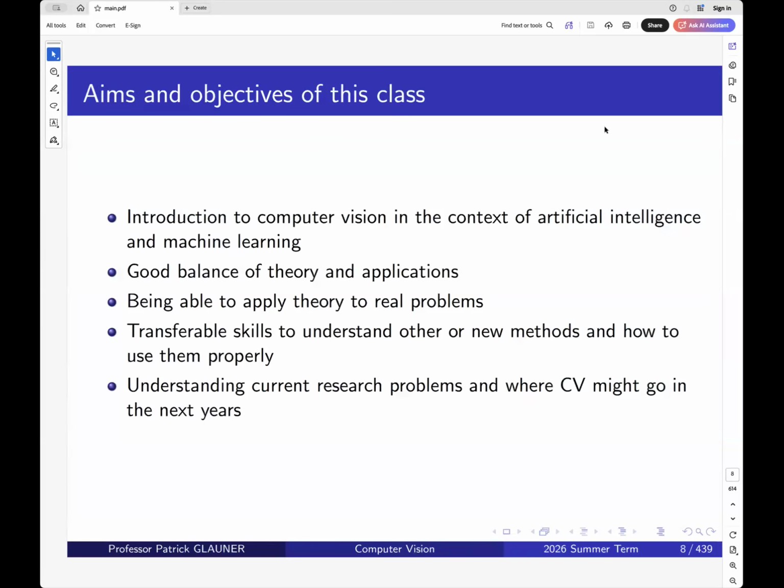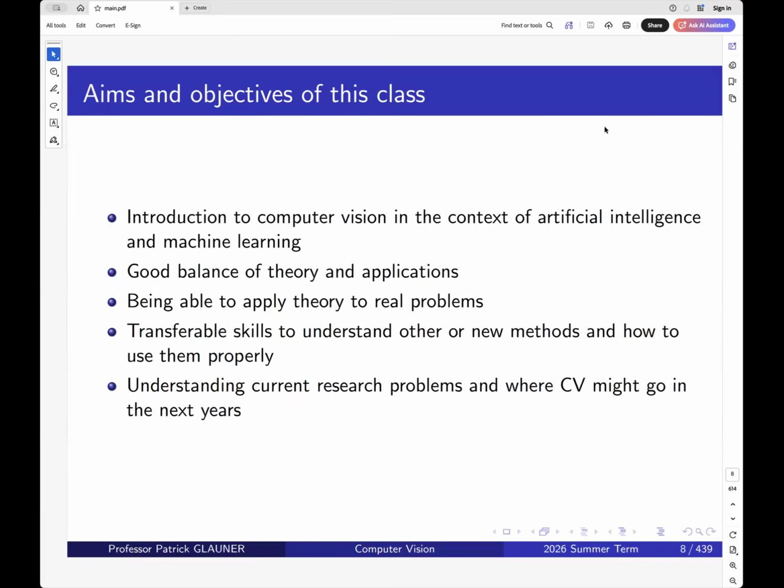And what I want you to do is learn AI and computer vision from that AI and machine learning perspective. We'll look into lots of theory in this course, which is the foundation of these applications, but then we will also see how we can build these applications and not just do theory, but build real stuff that works. And I want you to be able to apply that theory to real problems.